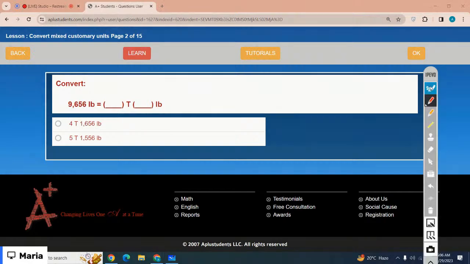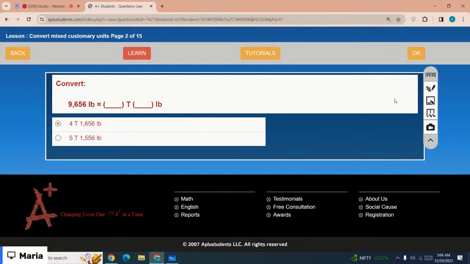So basically you have to divide by 2000. So that would be 4 tons and 1656 pounds. The correct option is 4 tons and 1656 pounds. The correct option is option number 1.